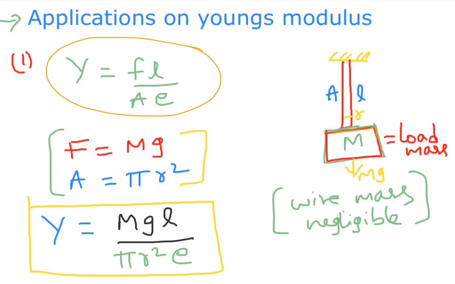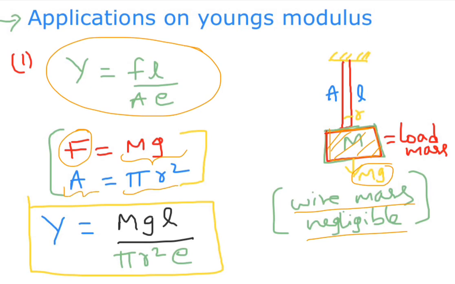Now here, we attached a load to the wire. The wire mass is negligible, and the load mass is m. What is the weight of that? Mg. So the force experienced by the wire is the load, mg. The cross sectional area of the wire is pi r square.